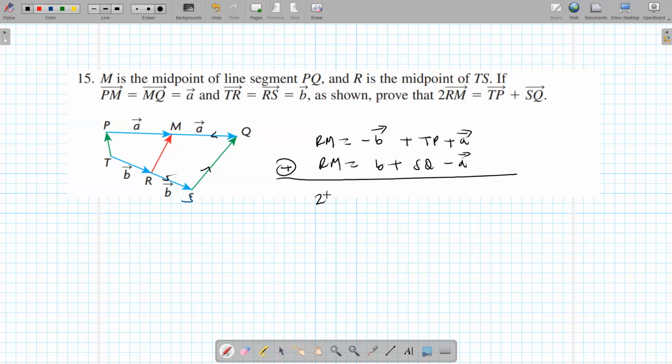RM plus RM gives us 2RM. Negative B and B cancel out. A and negative A cancel out. So therefore 2RM is TP plus SQ and proved. Easy peasy. So it's just checking if you know how to get the same vector using different paths. That's all this question is. It's not too bad.